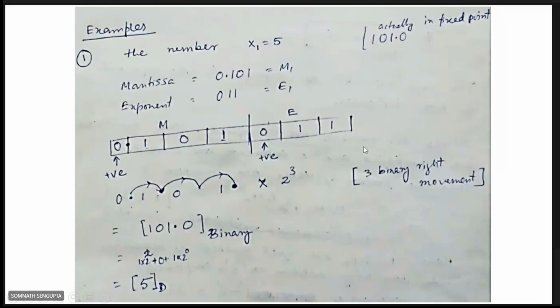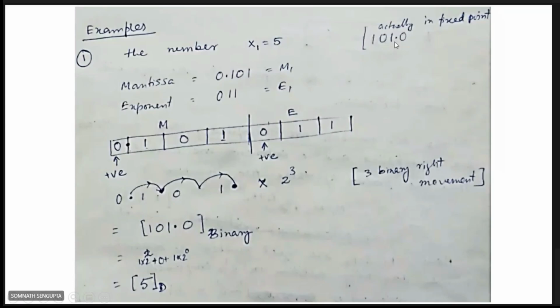The mantissa, if it is a positive number, should start with 0. After that comes the binary point, then 1, and the remaining digits represent the magnitude of the number. The magnitude is 5, which in binary is 101.